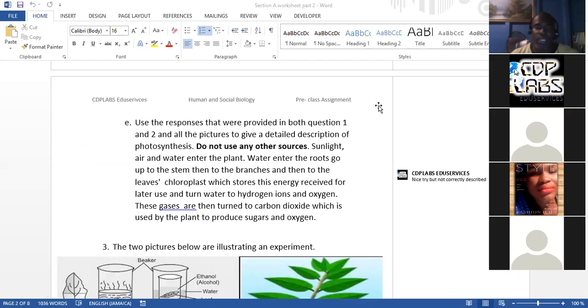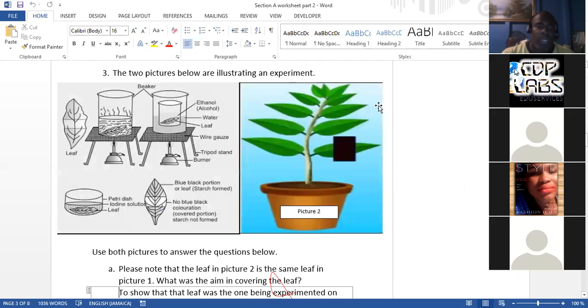Now, here is a thing. Once again, it's always good to analyze the pictures first. Whether it be a picture or a diagram, it's always good to analyze it first. Is that clear to everyone?